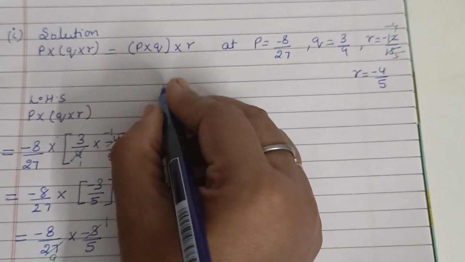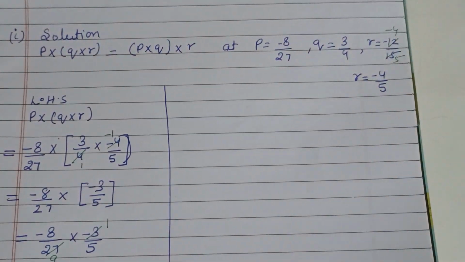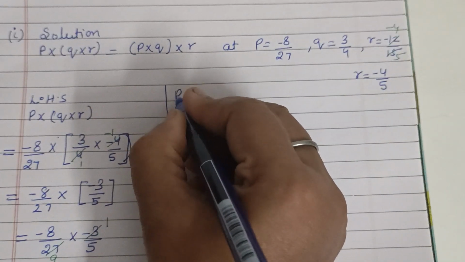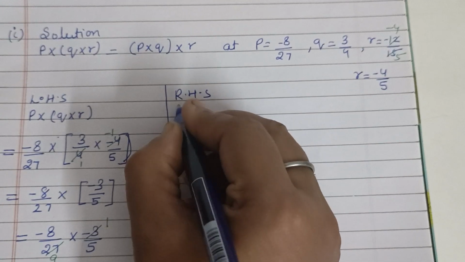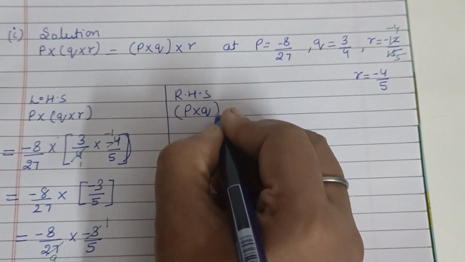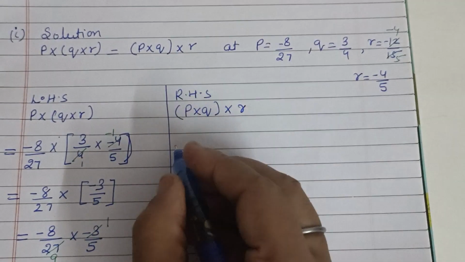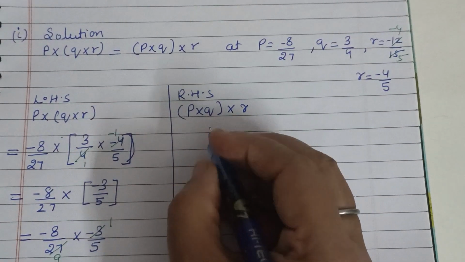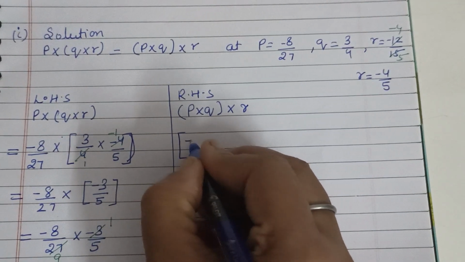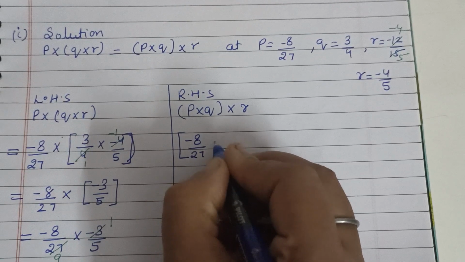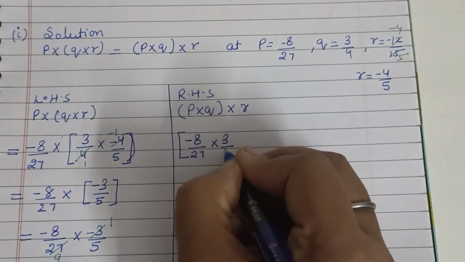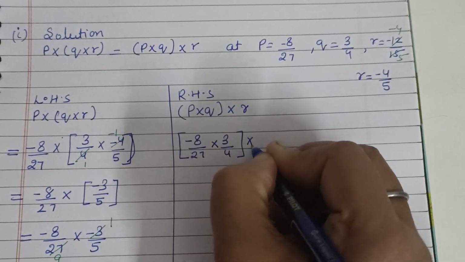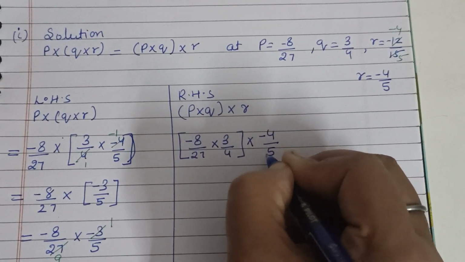Now make one line between left hand side and right hand side. Now write down the right hand side. Right hand side is p multiplied by q multiplied by r. Put the values of p, q and r. Inside the first bracket it will come minus 8 upon 27, q is 3 by 4, then multiplied by minus 4 by 5.